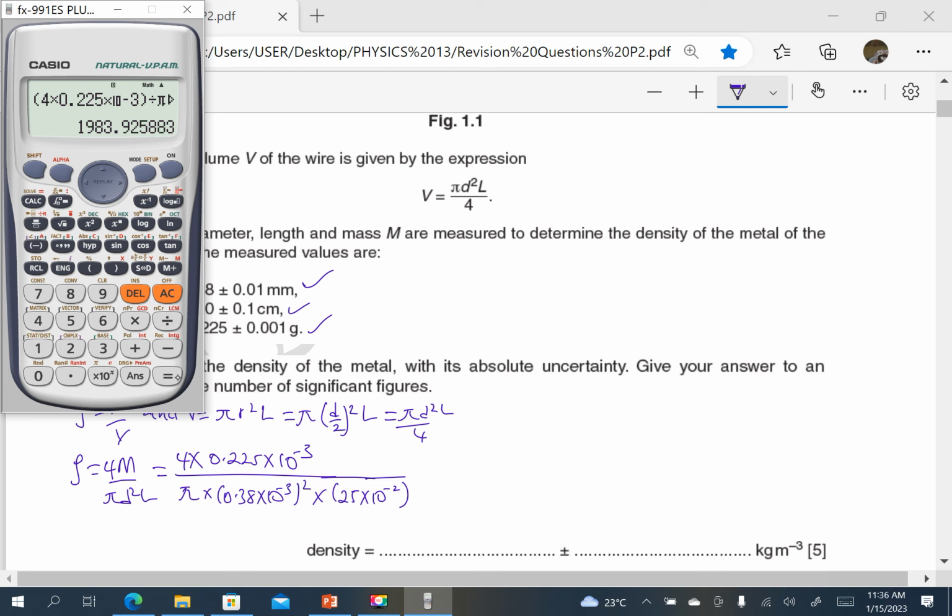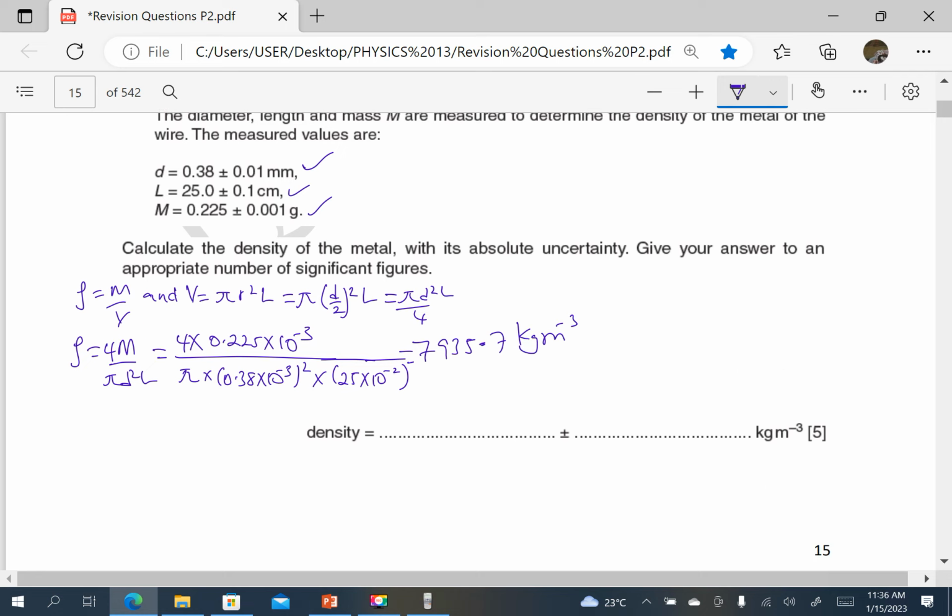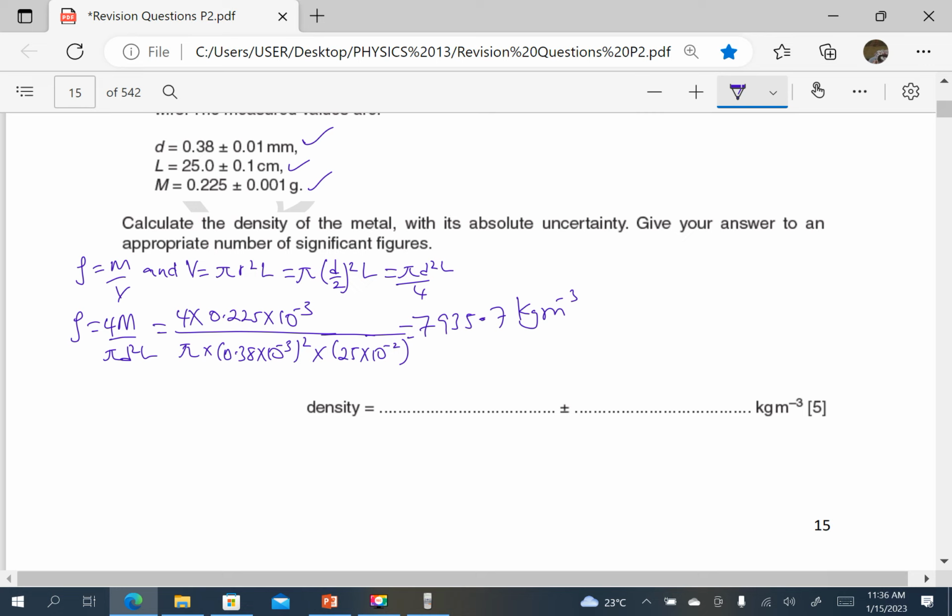I can first divide by that, and again divide by the last part, which is 25 exponent negative 2. So this is giving me 7,935.7, and this is in kilograms per meters cubed as the density. So we have finished finding the density.